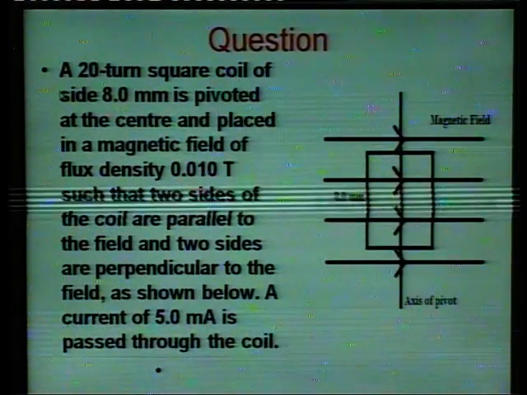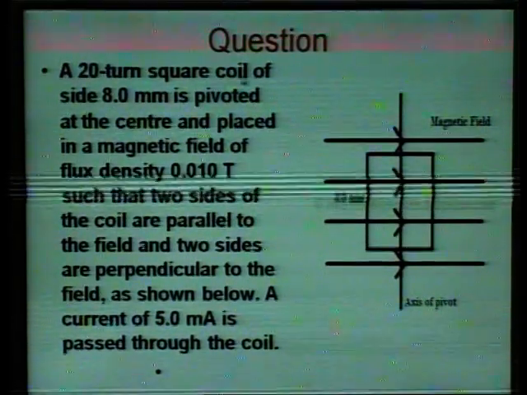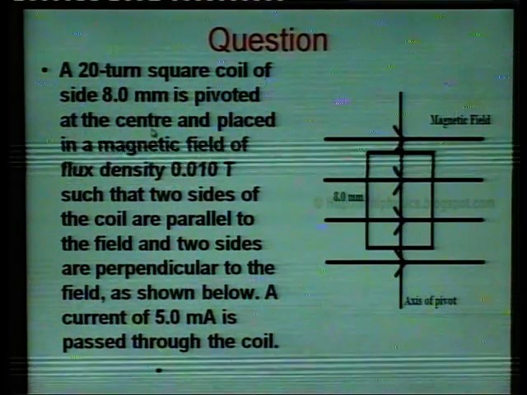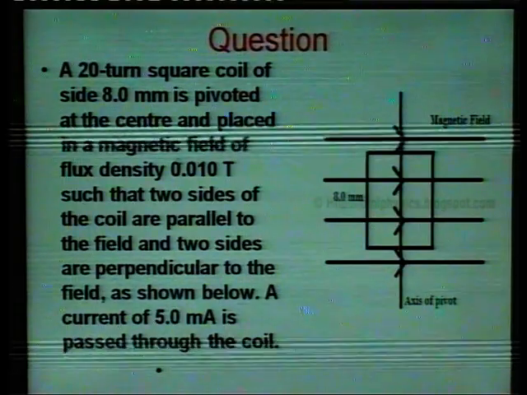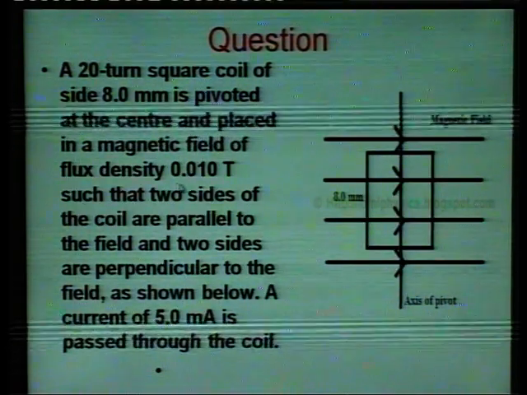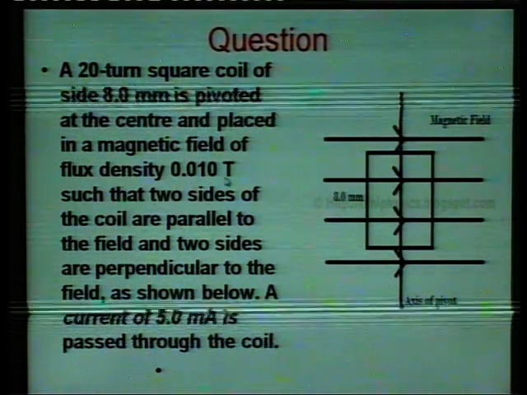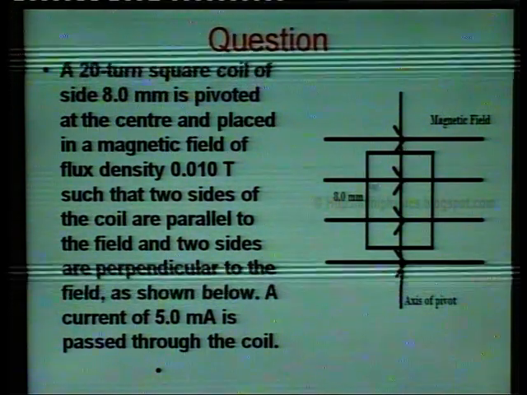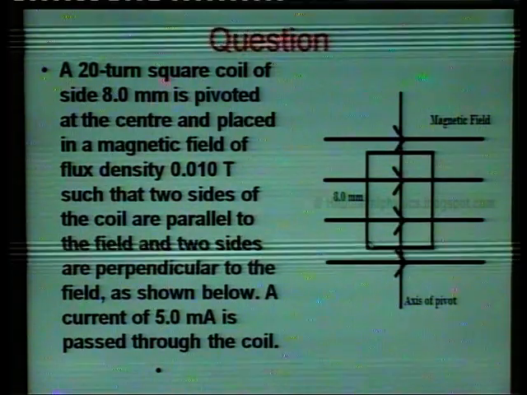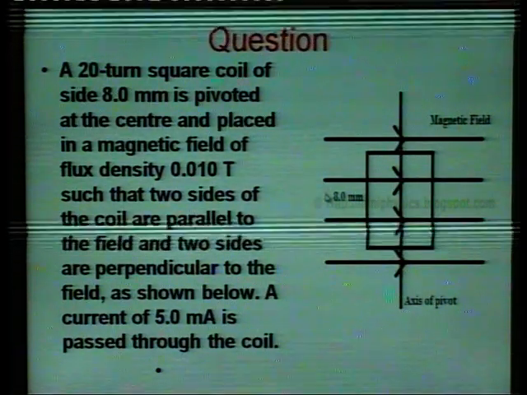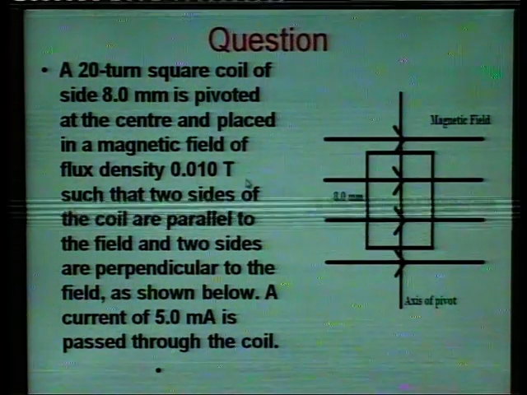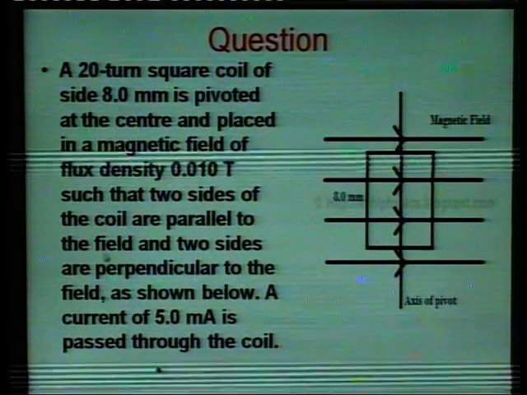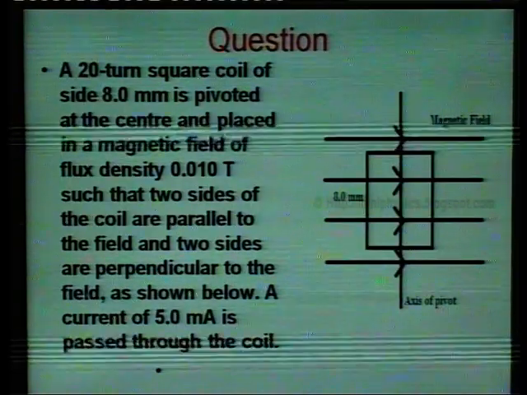So the question is: a 20 turn square coil of side 8 mm is pivoted at the center and placed in a magnetic field of flux density 0.010 Tesla. So this is a rectangular coil, it has 20 turns, the side is 8 mm and the flux density is 0.010 Tesla, such that two sides of the coil are parallel to the field and two sides are perpendicular to the field.